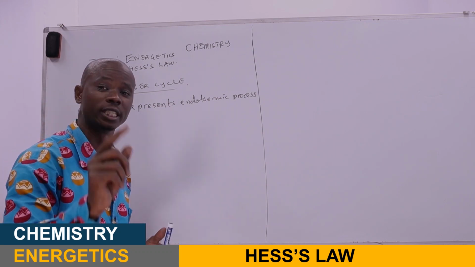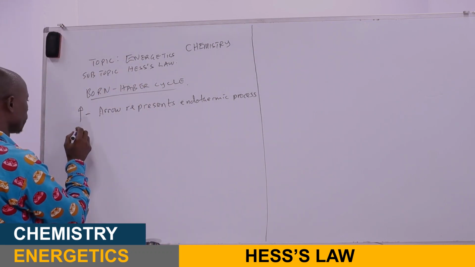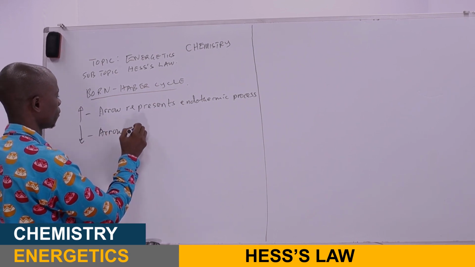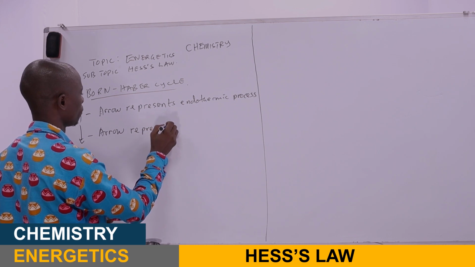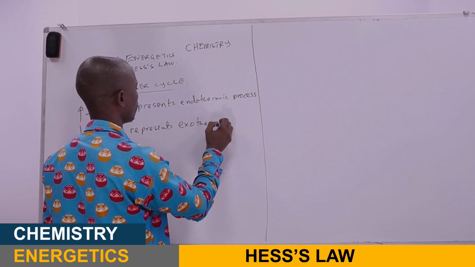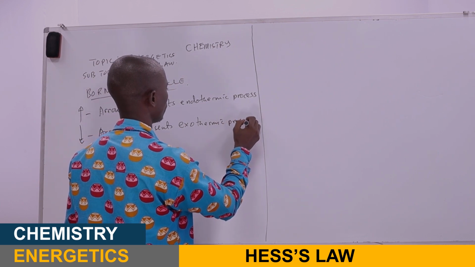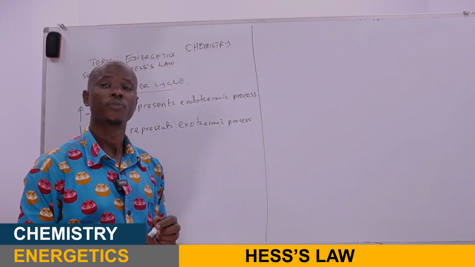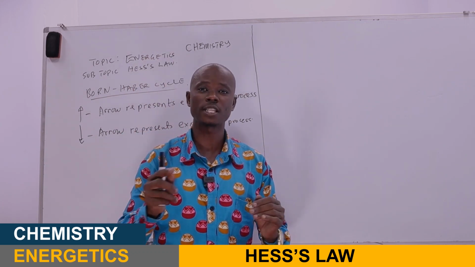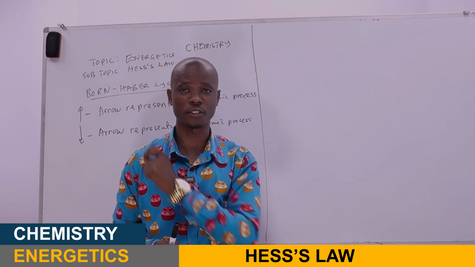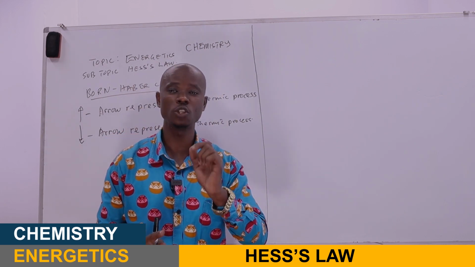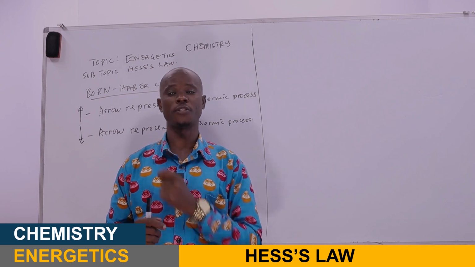The one which is pointing downward, so when you see the arrow pointing downward, that means that process is exothermic. And when the arrow is pointing upward, that means that process is endothermic.